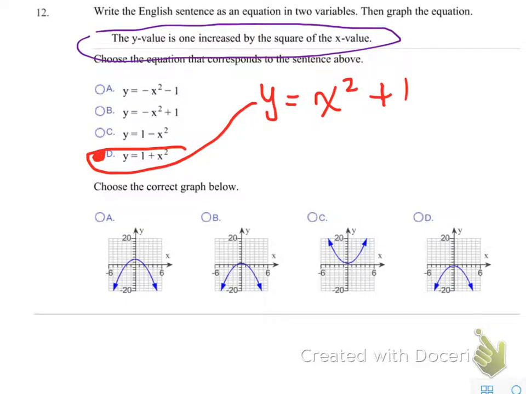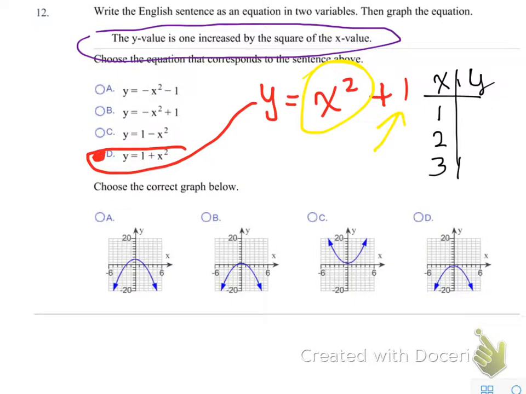And we can graph this by doing that table we did in the second problem. We can let x equal 1, solve for y, let x equal 2, solve for y, let x equal 3 and solve for y, and then plot them, and we will see that this is a parabola shifted up 1 unit. In other words, this is the picture.